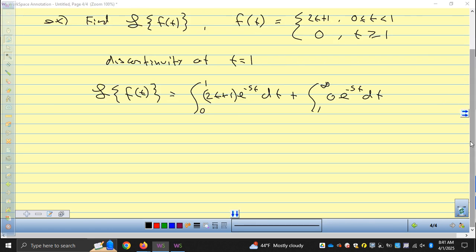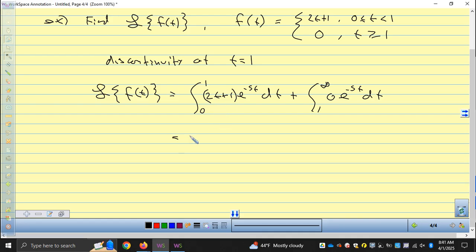Well, for this piecewise continuous function, it's nice because that second integral is just 0. If we had some other function there, we'd have that second integral to evaluate. So we actually have two integrals to evaluate here.